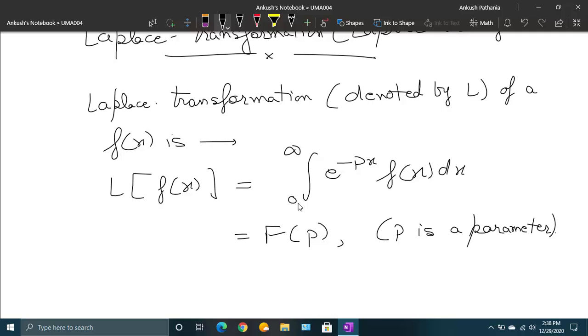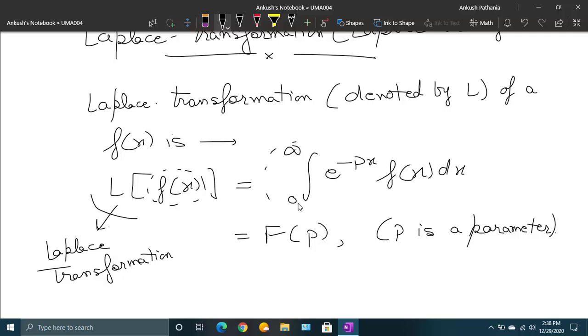So here this capital L is your Laplace transformation. Capital L represents a transformation that we call Laplace transformation, and it is an operation which, when applied on f(x), acts in this way: integral from 0 to infinity of e raised to power minus px f(x) dx.